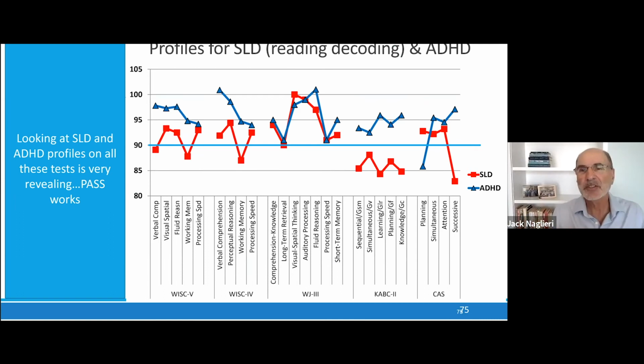Look at the CAS. Look at the difference between these profiles for these individuals. Wow, that's really startling. The CAS helps us see the cognitive role that is playing out with children with ADHD and the cognitive explanation for reading decoding failure really beautifully.